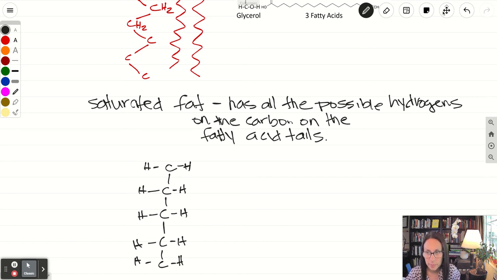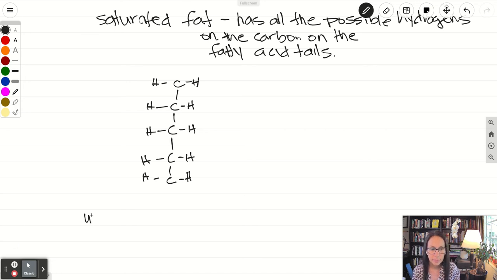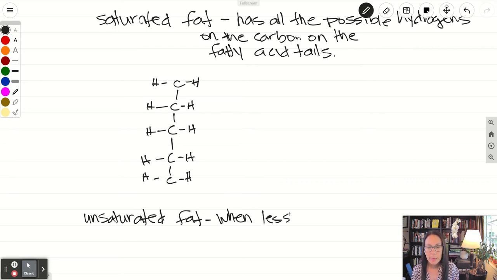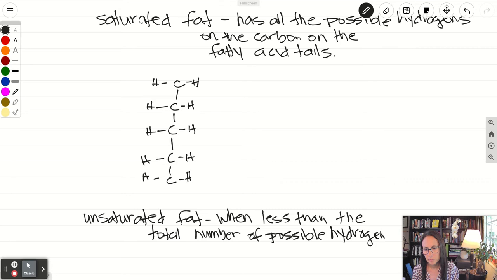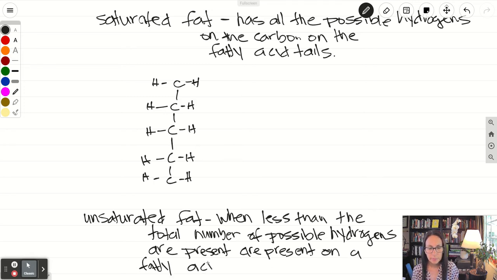An unsaturated fat, let's write this down, is one where not all the hydrogens are present, when less than the total number of possible hydrogens are present on a fatty acid tail.